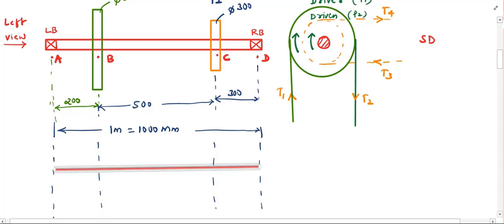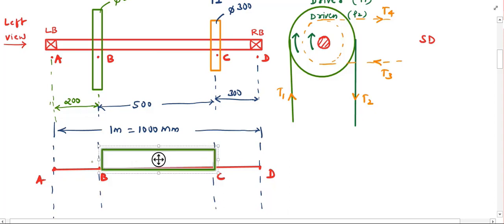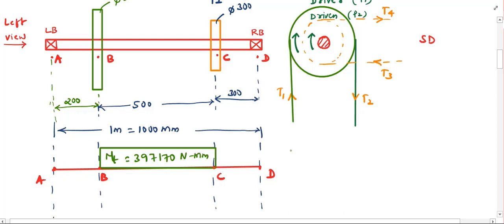I'll consider a straight line, and the points are A, B, C and D. The torque between B and C is MT equal to 397170 Newton mm.